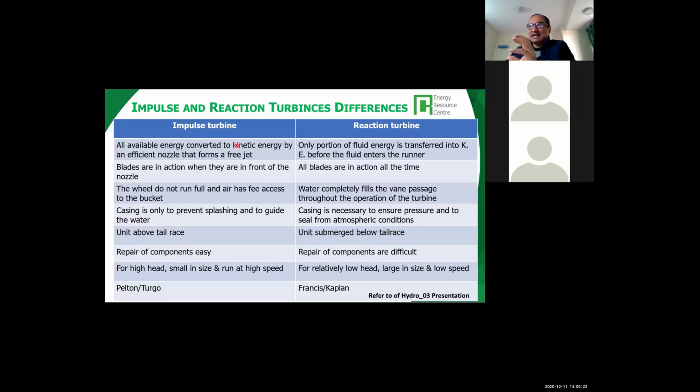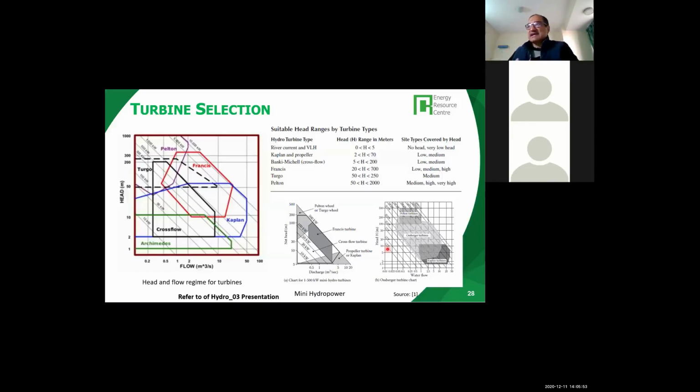In the impulse turbine, all the energy is converted through the efficient nozzle, whereas in the reaction turbine both pressure and kinetic energy are transferred, and these are the differences. And one thing you have to understand is that maintenance and repair of an impulse turbine is easier compared to the reaction turbines. So these are some of the factors.